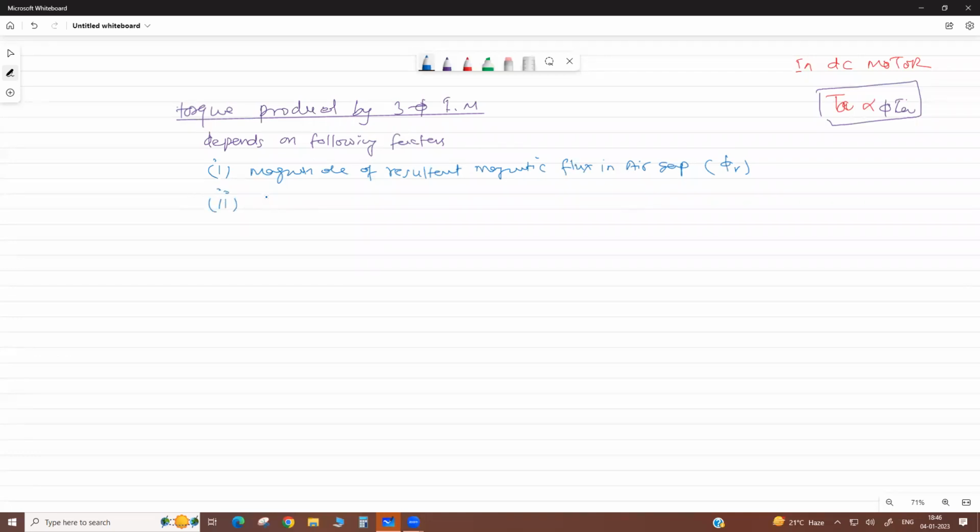Second, rotor current. Like here armature, this is rotor current, means I2. And because it is AC, it also depends on the power factor. It is the rotor circuit power factor, means rotor power factor, cos phi 2.